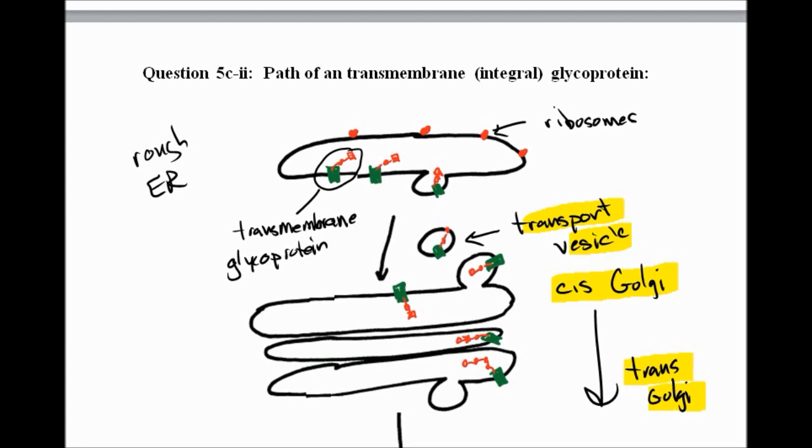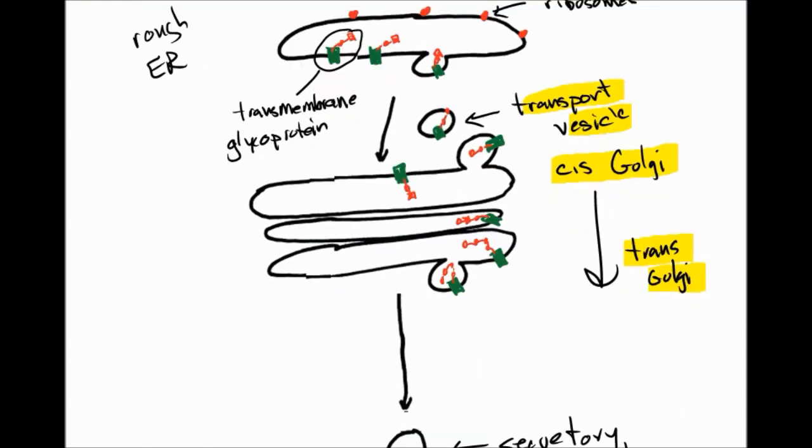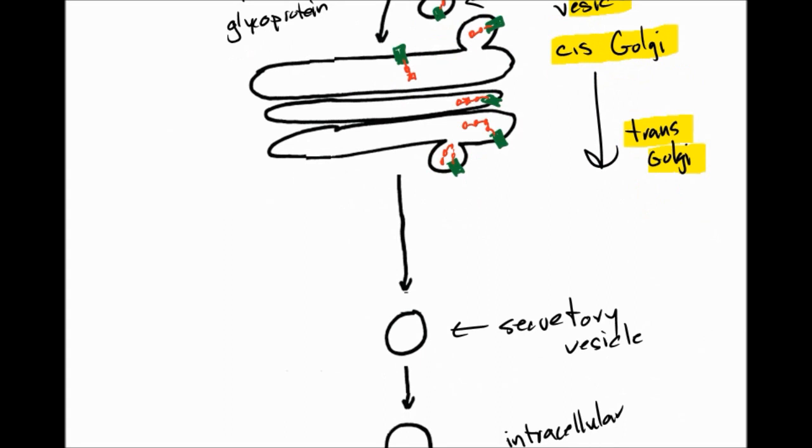And so this mature glycoprotein is going to be packaged and sorted into a transport vesicle. And since we've already said that this is bound for the plasma membrane, it's going to be a secretory vesicle. So here we go. And anything that was inside the lumen of the Golgi is now in the lumen of the transport vesicle. It's the only place the carbohydrate additions are on.